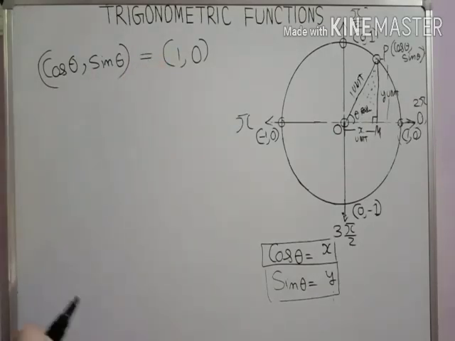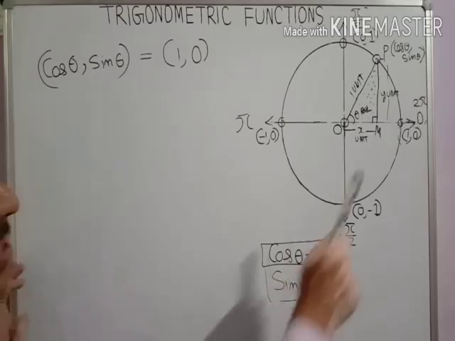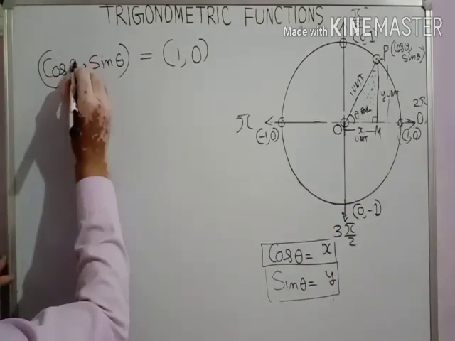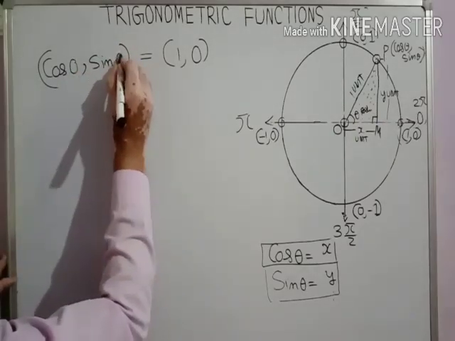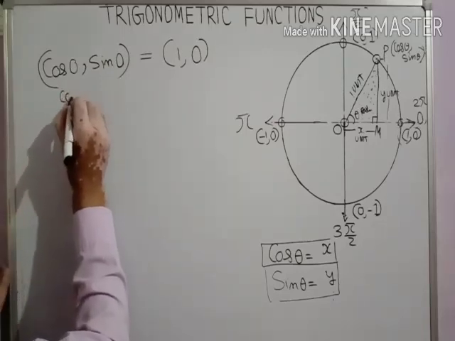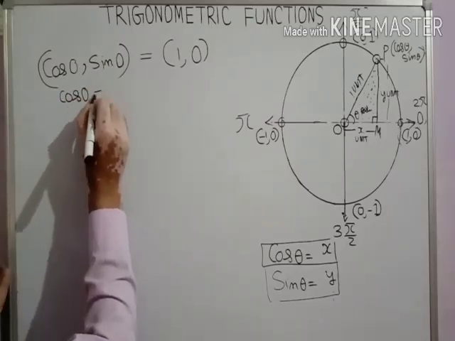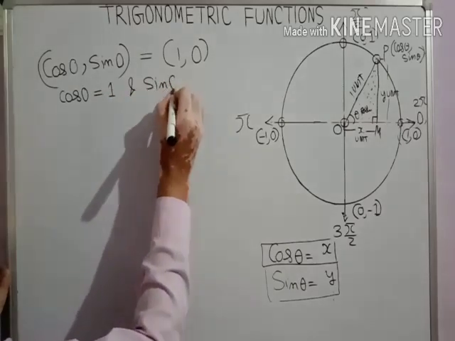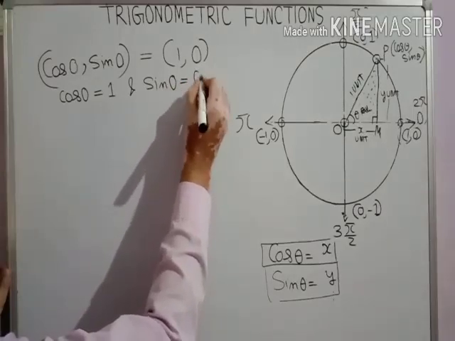If I ask you at which theta, theta is 0 degree or 0 radian, it's okay. You see what value you get here. Cos 0 radian is equal to 1, and sin 0 degree or 0 radian equals 0.